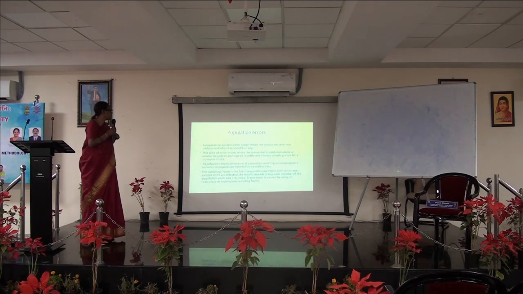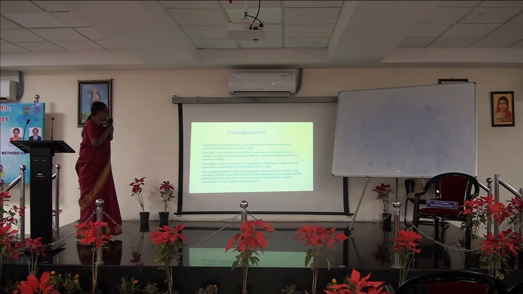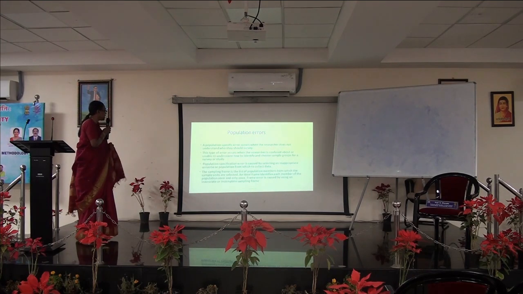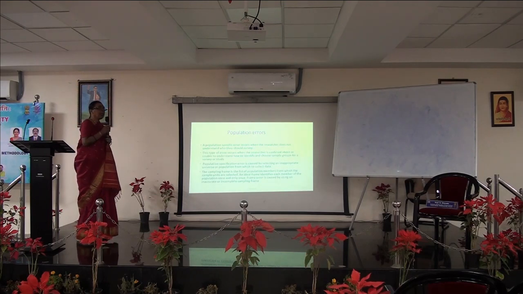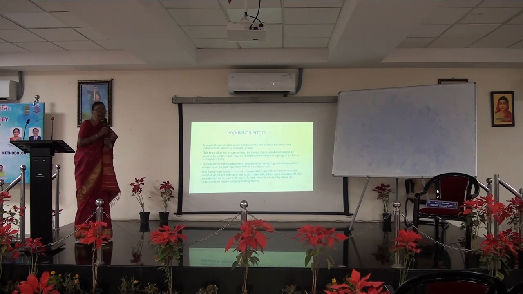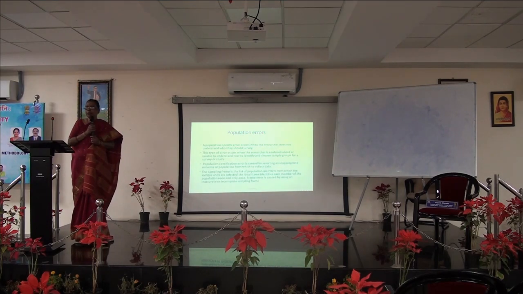Next one. Population errors. A population specific error occurs when the researcher does not understand who they should survey. If you are not clear about who your population is. So for example, you want to study the 10th class final state exam going students.